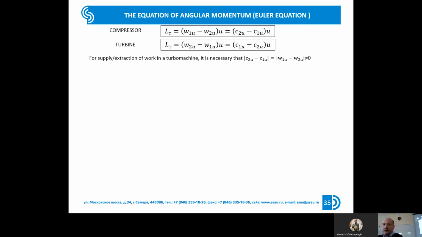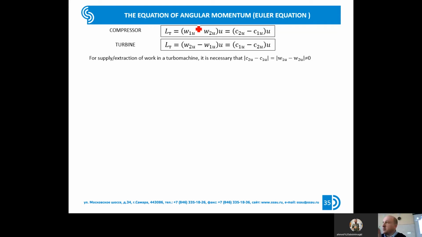So the next conclusion. If we look to this equation, this formula, we could say that if you want to create specific work, if you want to create power, this term must be not equal to 0.